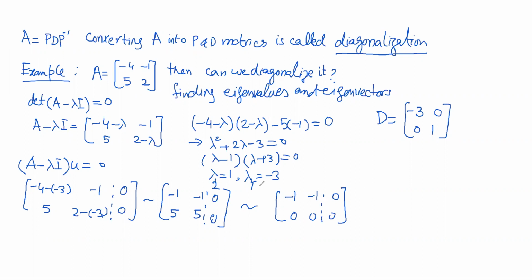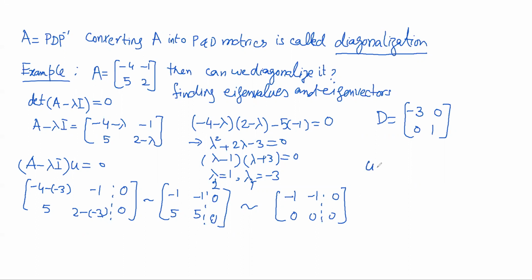What we are finding is u. If, for example, the components of u are u1, u2, or maybe any other numbers like k1, k2.